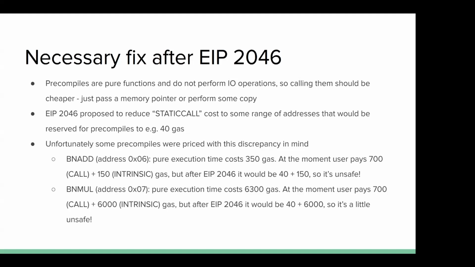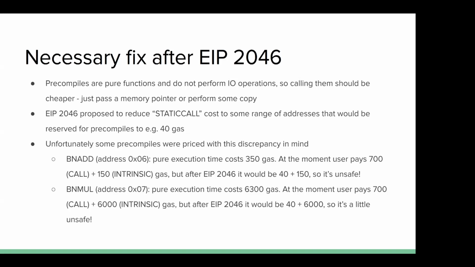It's not 700 as for calls to contracts, which require reading from disk, for example. Then we just measure everything correctly. This is the first part of this EIP. So we just set correct values and set safe values. It's not a huge change. It's only a few constants.